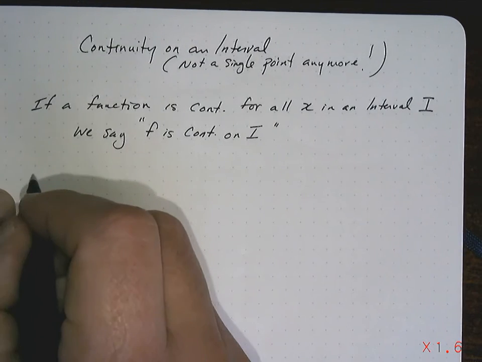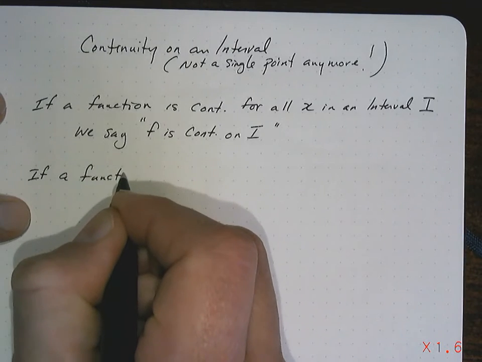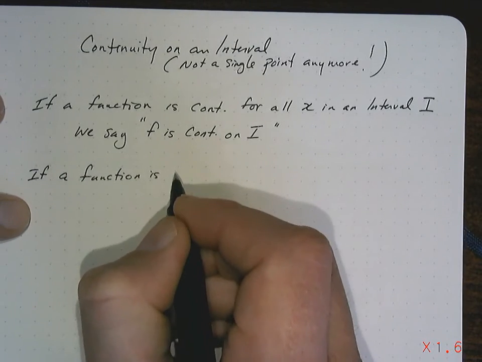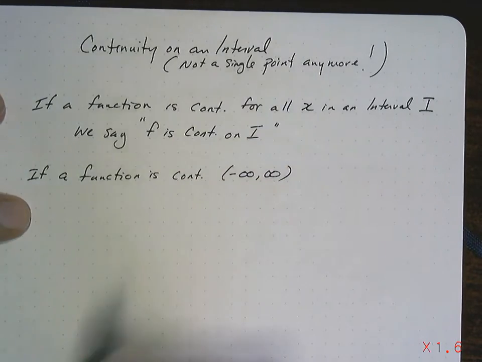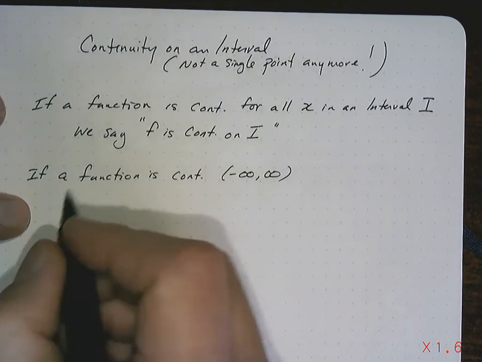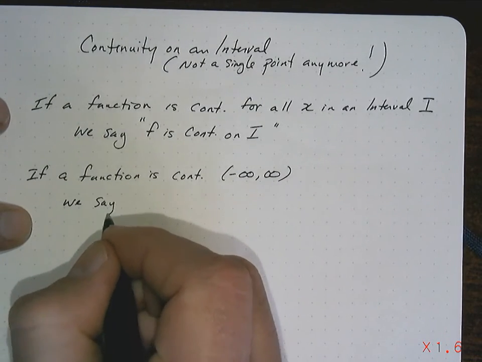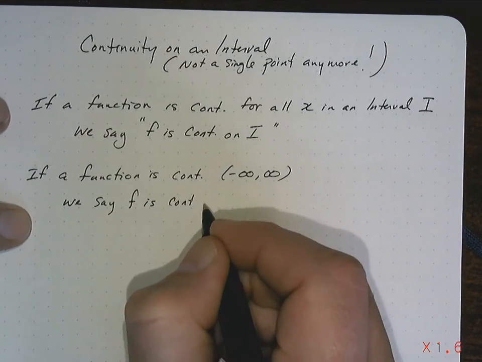And if a function is continuous on an interval negative infinity to infinity, in other words, everywhere, we say f of x is continuous everywhere.